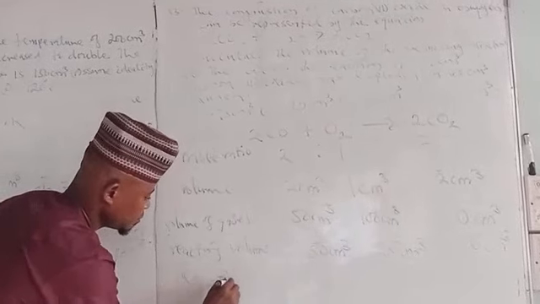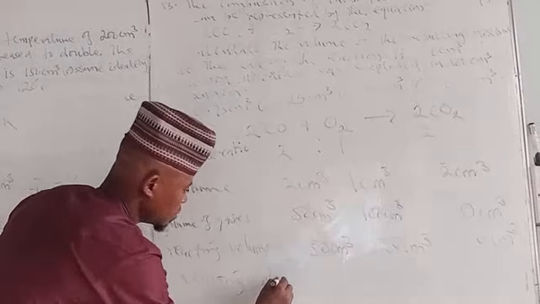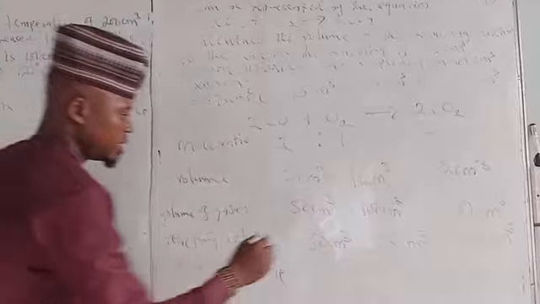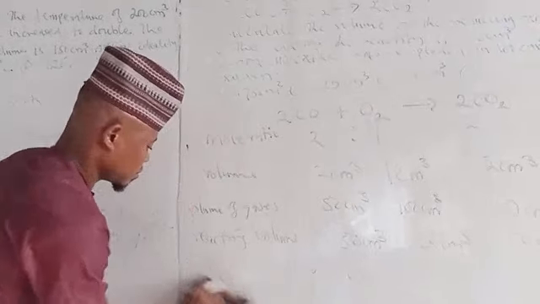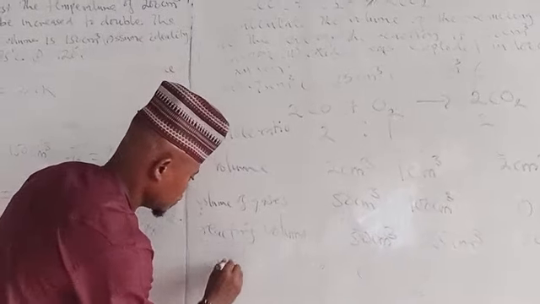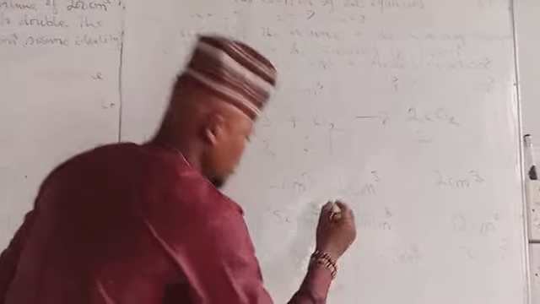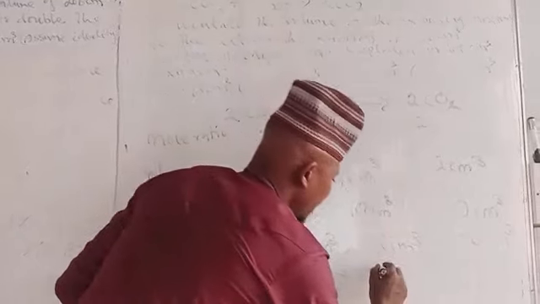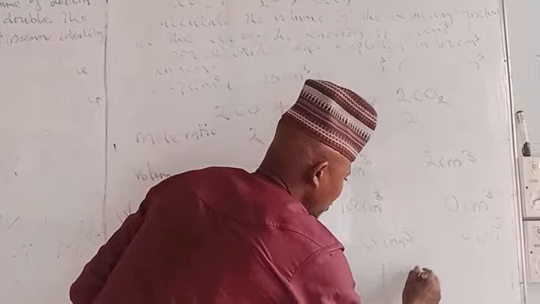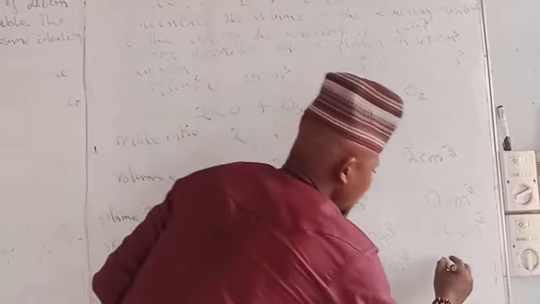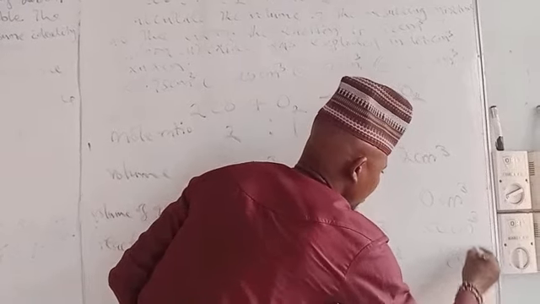Now, the resulting volume after reaction, or volume left. 0 cm³ will be left because all of this is used. 100 minus 25, 75 cm³ will be left. This one is formed, so it will still be in the system, 50 cm³.